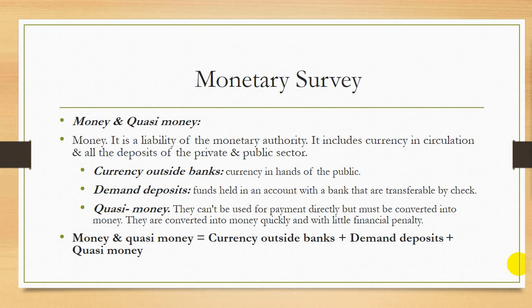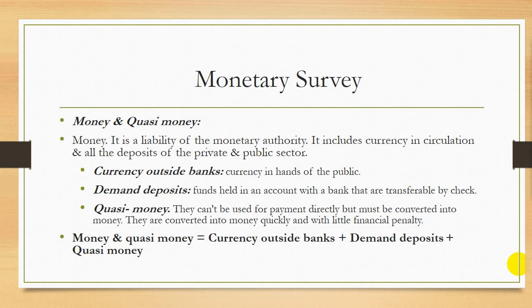So we can divide liabilities into money and quasi-money. Money includes currency outside banks, or currency in the hand of the public, and demand deposits, also known as current account deposits. Quasi-money is anything that can be converted into money quickly, such as bonds.